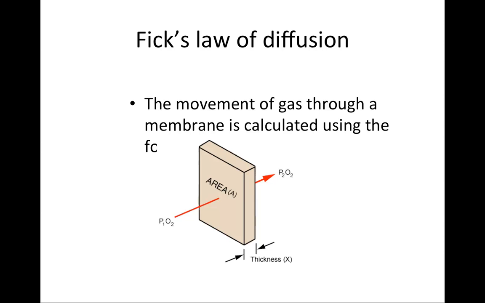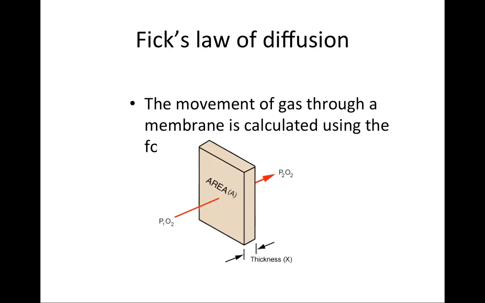And if you look at that P1O2, and then you see that red line that reflects over to P2O2, that's the pressure difference between these two areas. So again, when we think about diffusion, it's movement from areas of high concentration to low concentration.